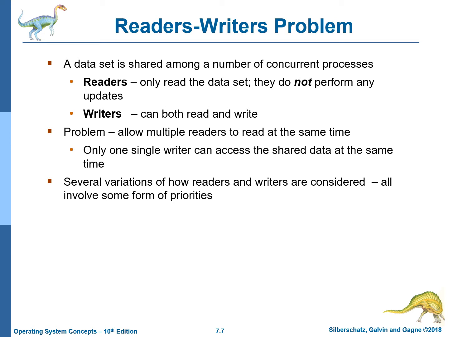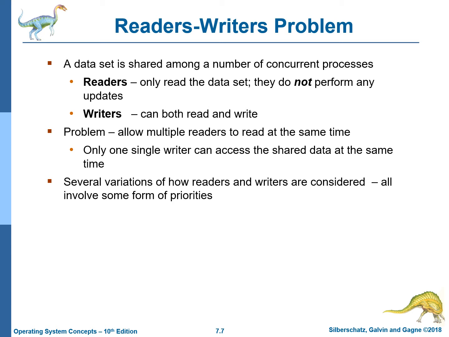So this synchronization problem is referred to as the reader-writers problem. We have mentioned that there are problems used to test synchronization. The reader-writers problem has several variations, which involve priority. The simple one is the first reader-writer problem, which requires that no reader be kept waiting unless the writer has already obtained permission to use the shared object.